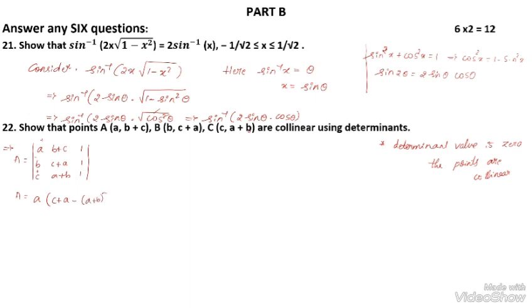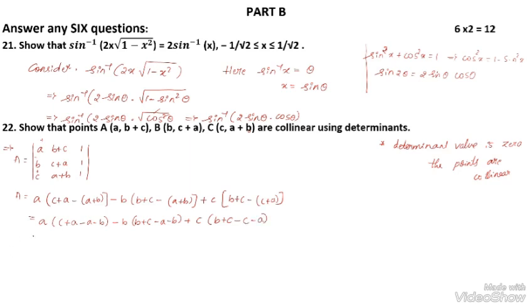Minus the second element B, neglecting the first column and second row, B into B plus C minus A plus B. Plus C into, neglecting the first column and third row, B plus C minus C plus A. Now A into C plus A minus A minus B, minus B into B plus C minus A minus B, plus C into B plus C minus A.